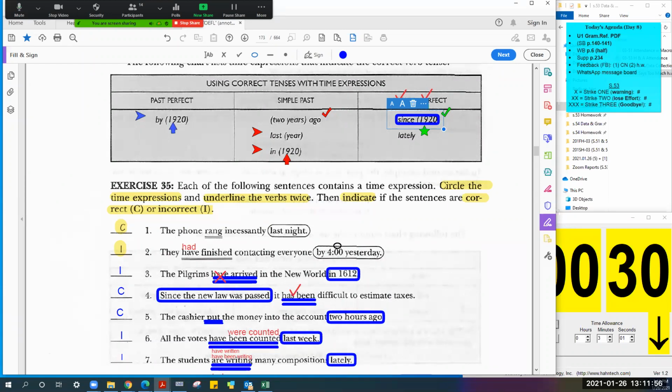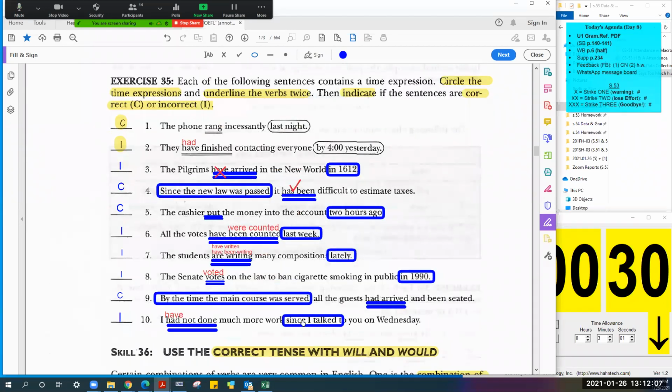In this example, the new law was passed, that's in the past. Here, I talked, that action is in the past. So from the past to now.